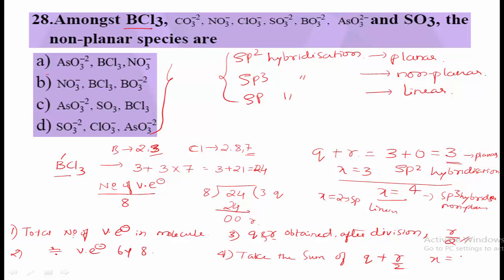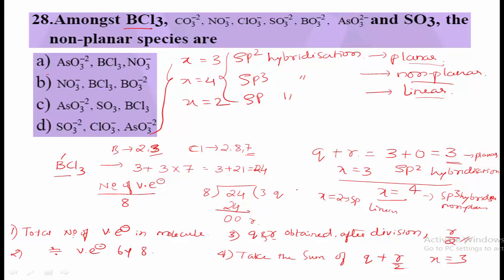Suppose you get some value x is equal to 3, that represents it will undergo sp2 hybridization. If x is equal to 3, sp2; x is equal to 4, sp3; x is equal to 2, sp hybridization, and these are the structures of those molecules.